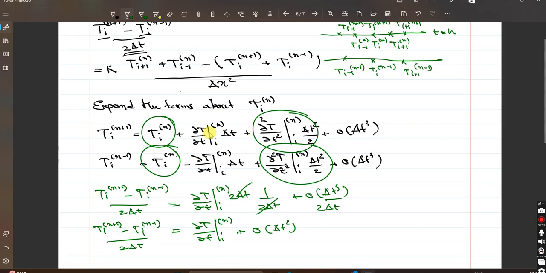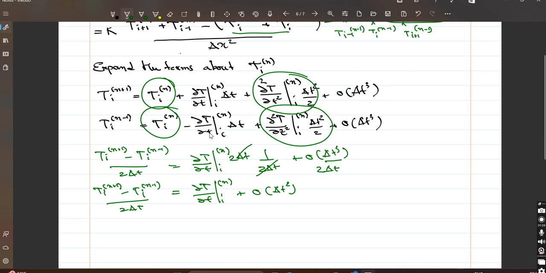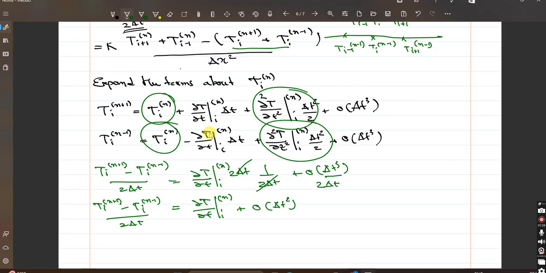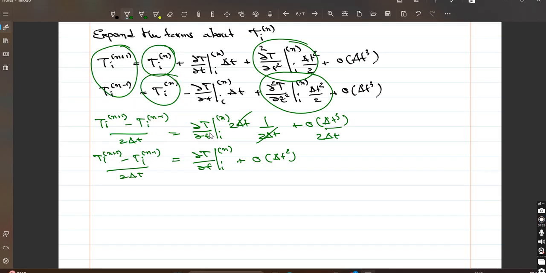Okay, this looks quite reasonable. Now we have this term also, right? So T_i^(n+1) plus T_i^(n-1). If we add these two terms, what will we get? Now what is the difference? The difference is that these two terms will get cancelled, because this is an addition, this will become 2 T_i at n. This term will also remain. So T_i^(n+1) plus T_i^(n-1) will give us 2 T_i at n.